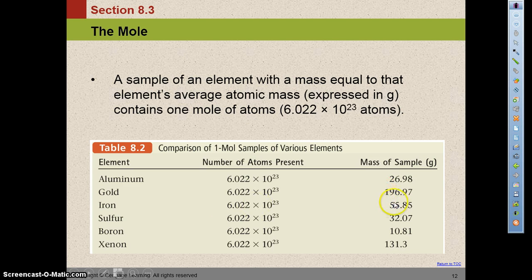Gold would weigh 196.97 grams for the same number of atoms as in a sample of aluminum. So 1 mole of either one of these is going to weigh much differently. So we need to always compare the number of gold to the number of aluminum, not their masses, because masses vary greatly among the elements.